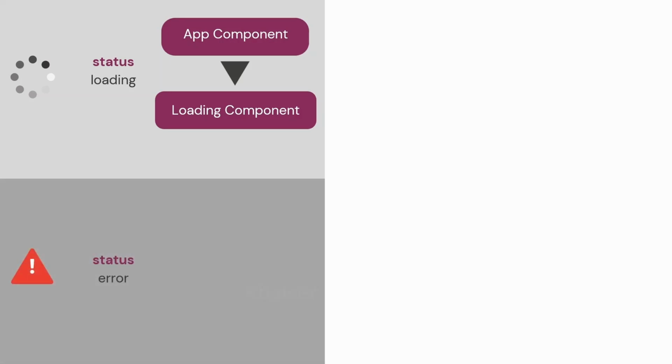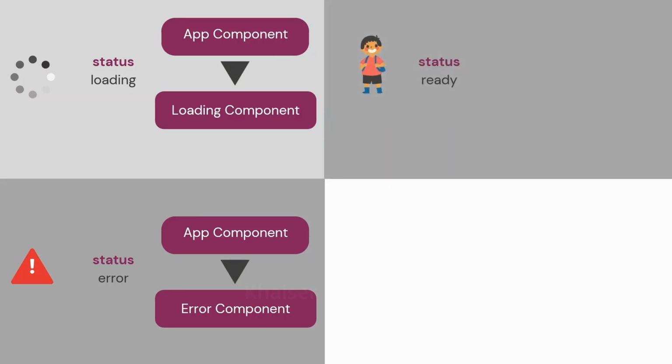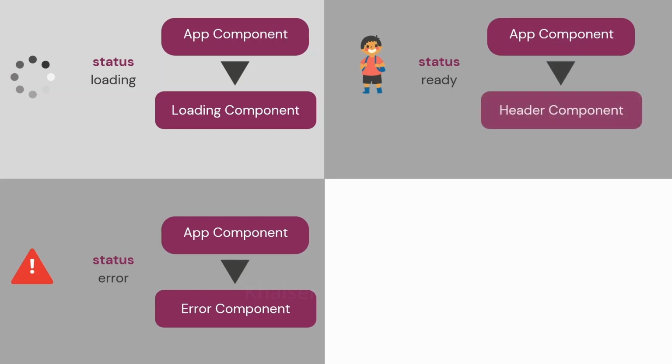And if I am having any error, then I am just going to update my status to error. And once my status is error, inside this app component, I only want to render this error component. Then if my status is ready, once the entire data is fetched, I am just going to update my status to ready. Once it is ready, inside this app component, I am just going to render this header component where I will be having a welcome screen, and also inside that I will be having a start quiz button.